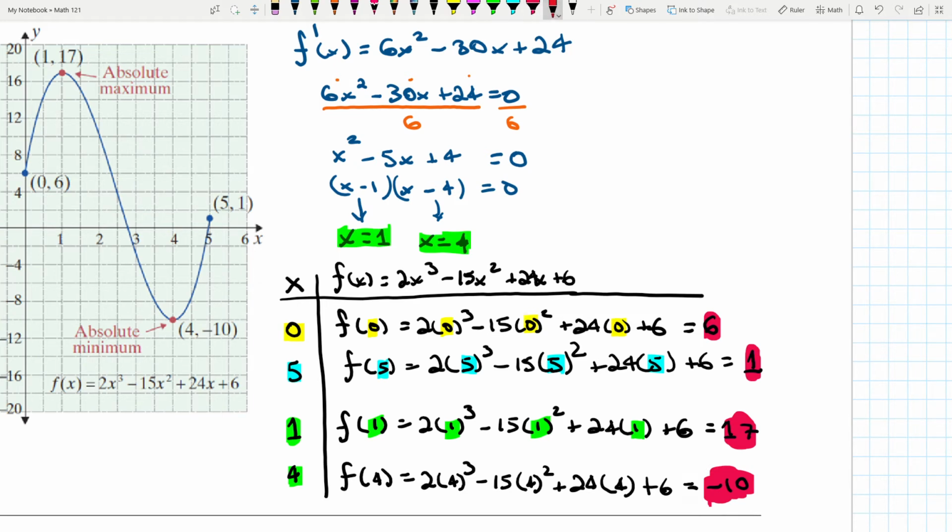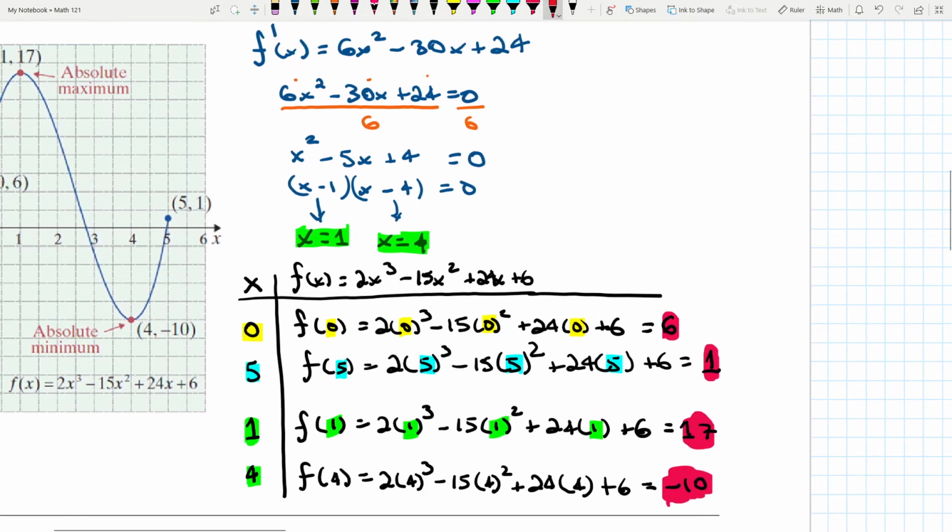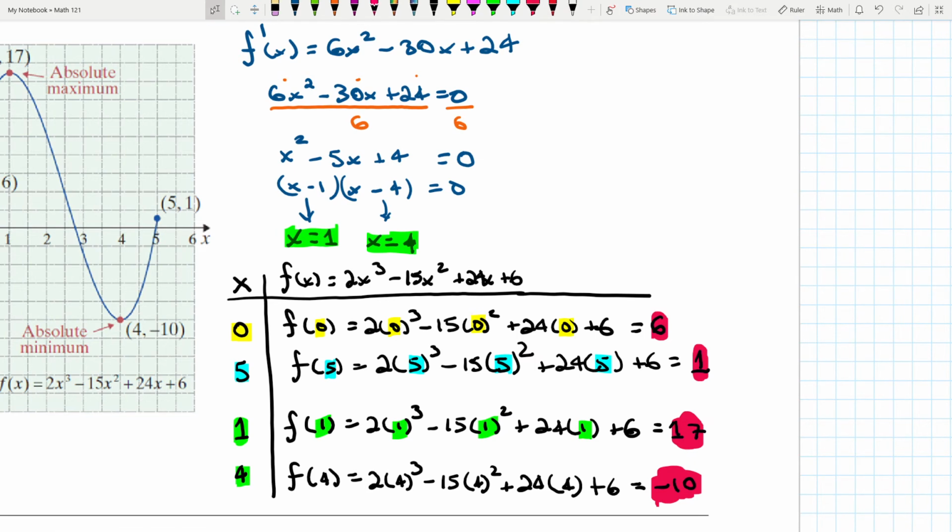The smallest of the values that I highlighted in red is negative 10, which is going to be our absolute minimum. On the other hand, we need to look for the largest of the values, which in this case is 17, and that's going to be our absolute maximum. And we're essentially done.